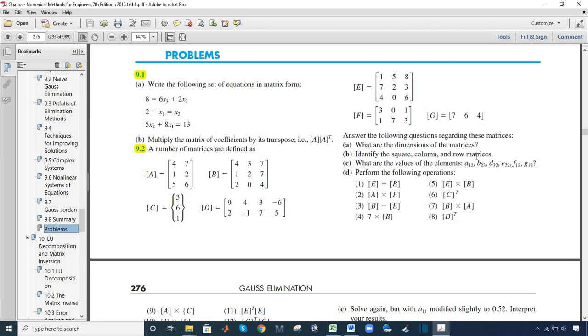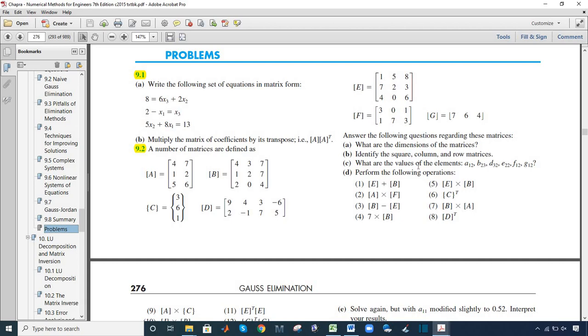Matrix B and E are the square matrices because their number of rows and number of columns are equal as per definition of square matrix. And this is column matrix C, which has only single column, and this is row matrix G, which has only one row.